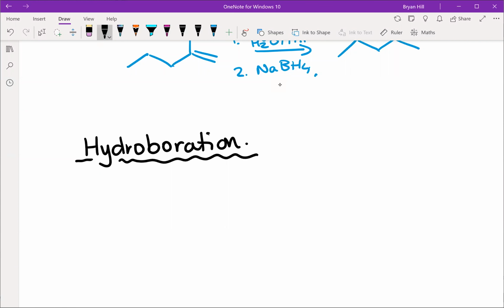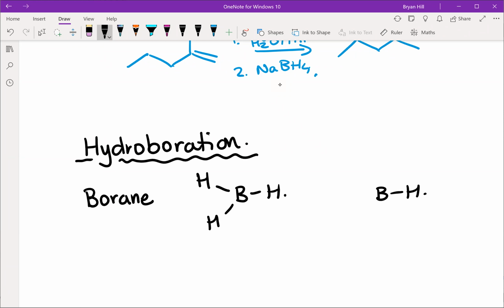So we are going to use borane, which the way that organic chemists draw this. They draw it like this. And why do they draw it like this? So this would be looking from above.